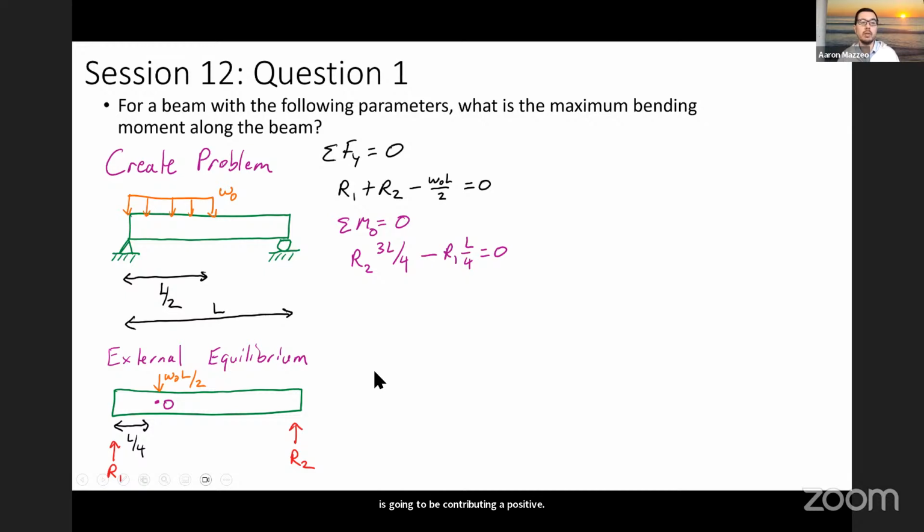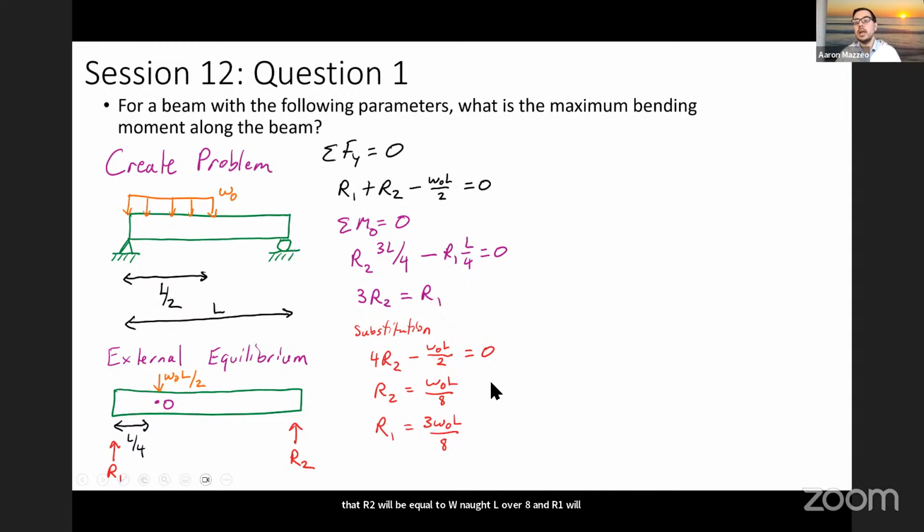We can perform equilibrium this way, and we get the relationship between R1 and R2 as follows. If we substitute this expression into the upper expression, we get that R2 will be equal to W naught L over 8, and R1 will be equal to 3 W naught L over 8.